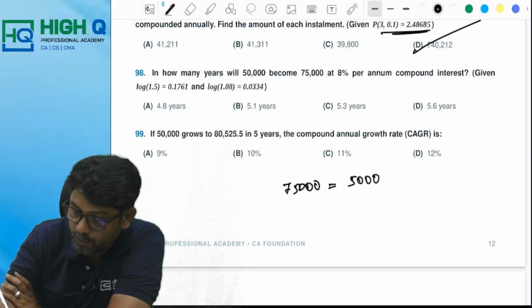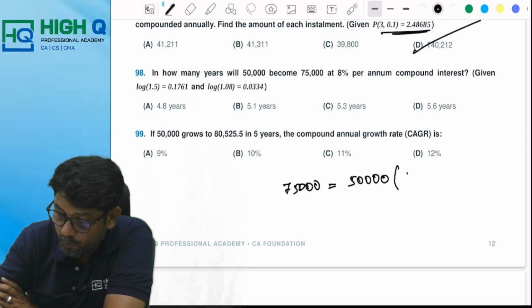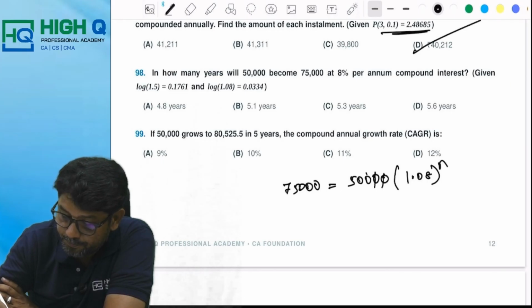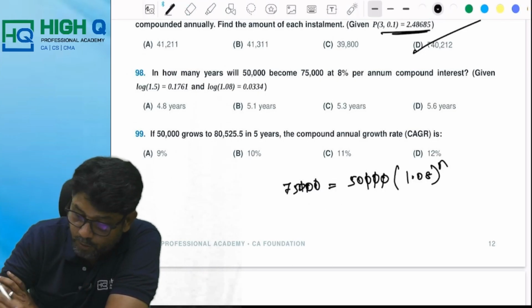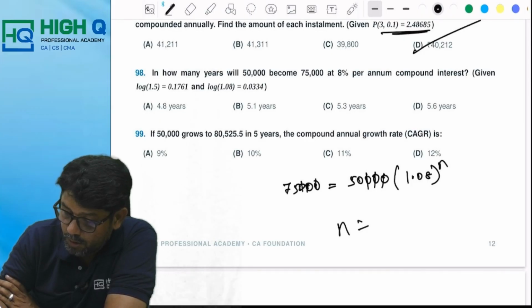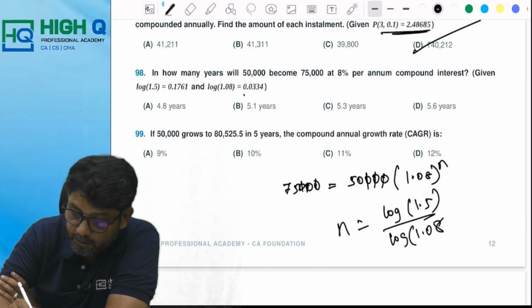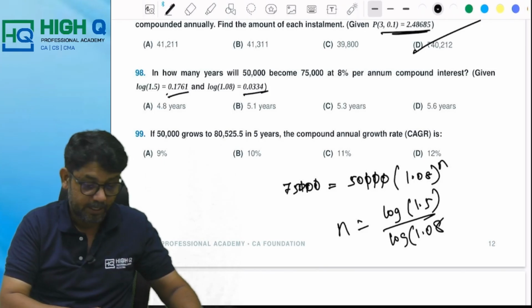So the amount is equal to 75,000. Principal is equal to 50,000. And 1.08 whole power n. This is the question, my dear, right? Now, 75,000 by 50,000 is 3 by 2, which is 1.5. So n equals log of 1.5 divided by log of 1.08.